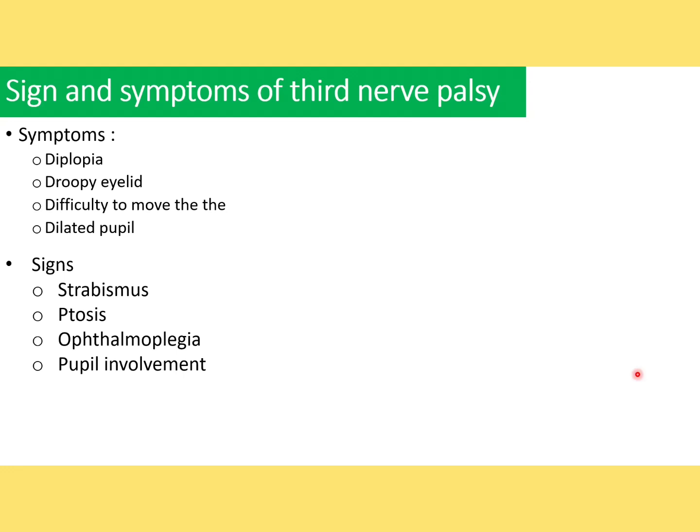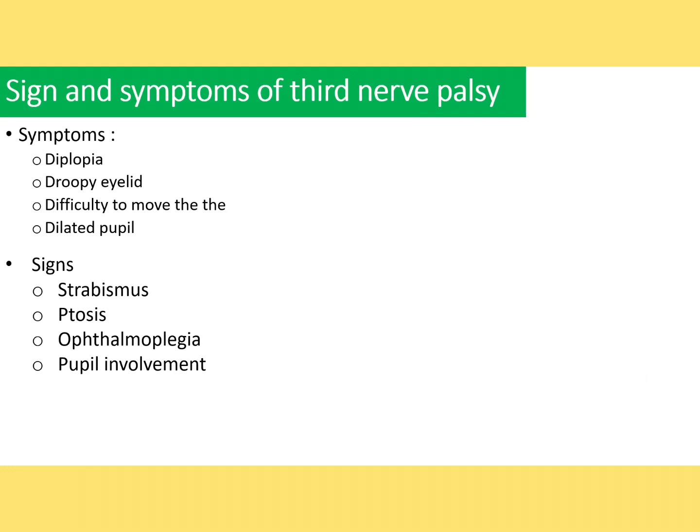But it is not total ophthalmoplegia because the superior oblique muscle and lateral rectus muscle are innervated by other nerves: the superior oblique by the fourth cranial nerve and the lateral rectus by the sixth cranial nerve. So they are not affected, and you cannot call it total ophthalmoplegia. It can be an ophthalmoplegia, meaning restriction of the eye movement is there, right?